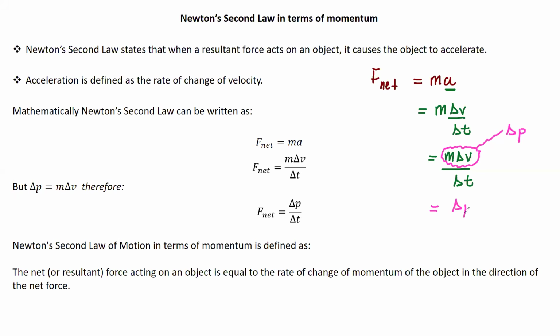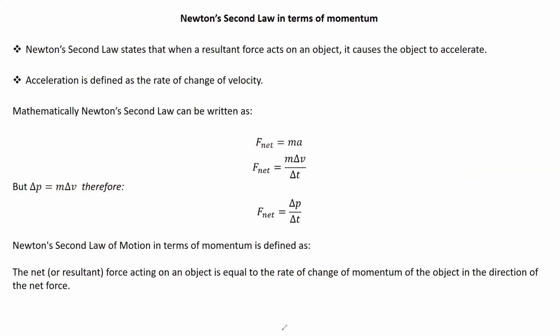So you can replace and write, as a final answer, F net is equal to the rate of change of momentum. Every time you say over time, it means rate of change. So here's a new way of defining a resultant force in the context of momentum: a net force is defined as the rate of change of momentum.